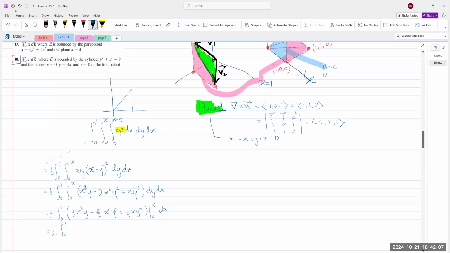Replacing y by x gives 1/2 x to the 4th minus 2/3 x to the 5th plus 1/4 x to the 5th. Why do I feel like something's missing? Oh, it should be squared here.